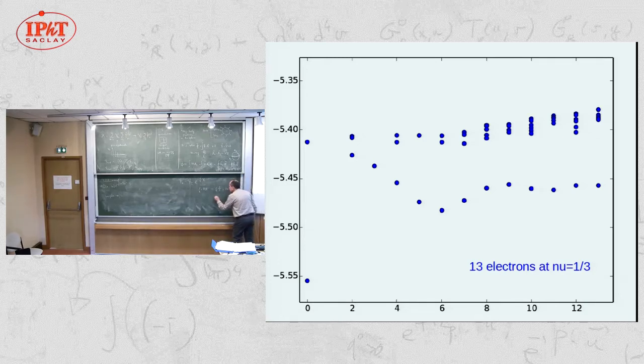Which means that phi should be an integer times h over e, which is the flux quantum. So everything is fine, provided the flux is quantized. Then you have to solve the Schrödinger equation on each hemisphere, and then the two functions are related simply by a gauge transformation. So that's the only peculiarity of the sphere geometry.